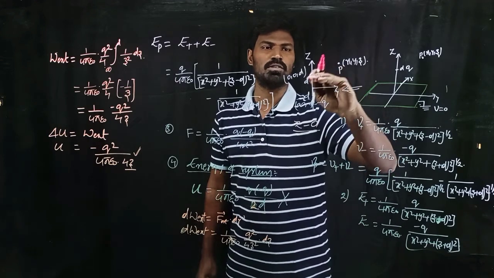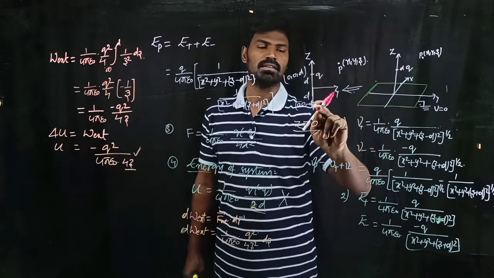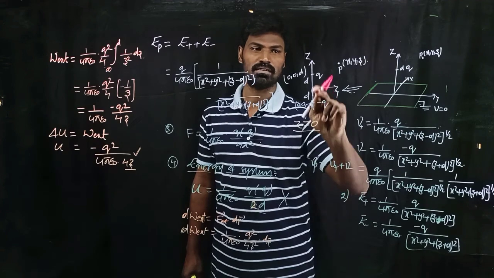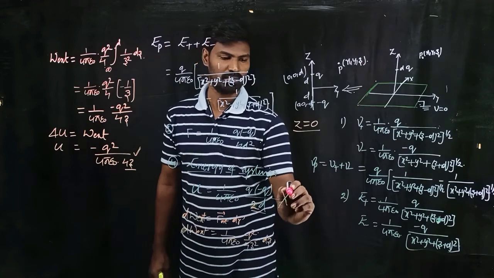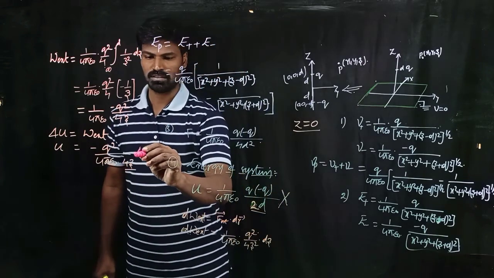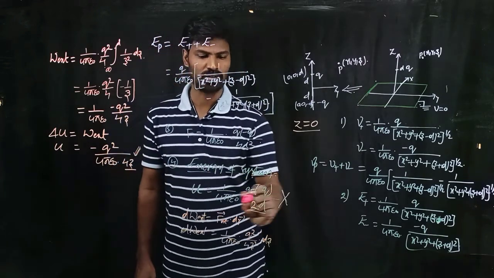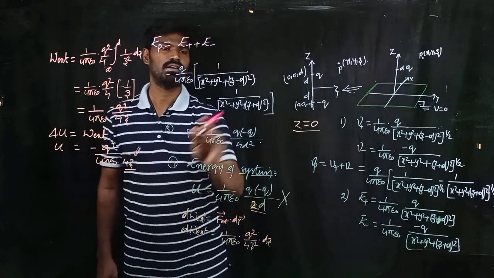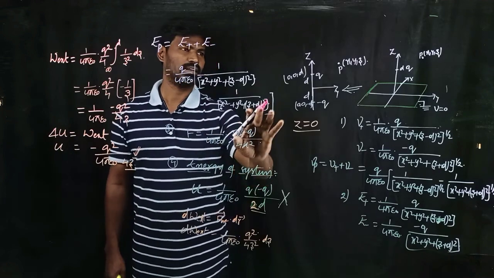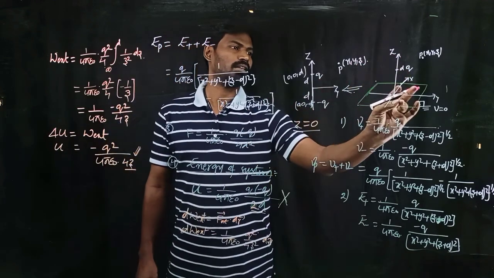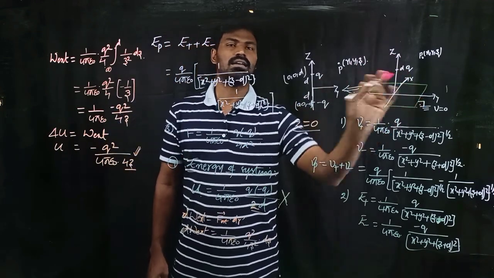Actually, the energy is contributed by the upper region only, because this is an imaginary charge, because of which this factor of two difference is coming. So you should not proceed this way, you should proceed this way, or you proceed this way but you should divide it by 2. Anyway, you will get the same answer. This is the overall thing regarding a charge in front of an earthed conductor.